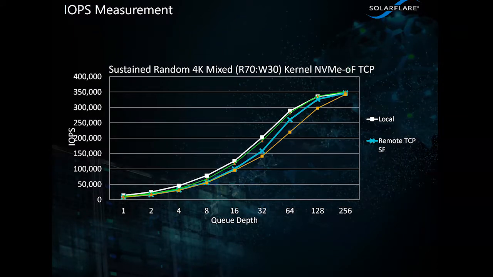Okay, so this is looking at IOPS. We're going to look at IOPS and latency. So sustained 4K mixed, we had 70% reads and 30% writes. This is a kernel driver. And what we're showing in this slide is if you take a local, which means a direct attached storage of a NAND storage device, which is the upper line there, the white line, and then if you take our kernel driver on a SolarFlare adapter, we're within, I would say, 8 to 10% of direct attached storage.